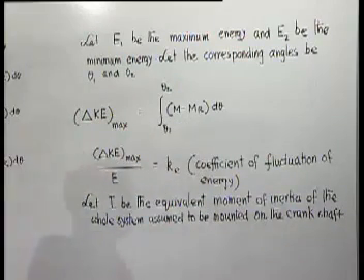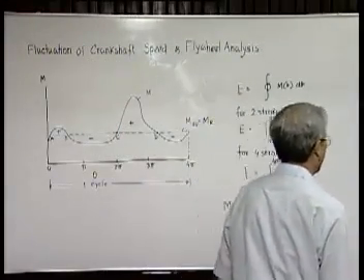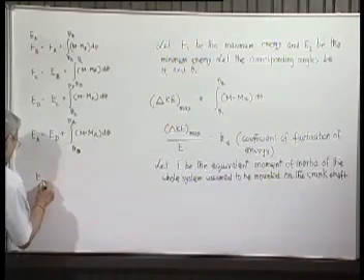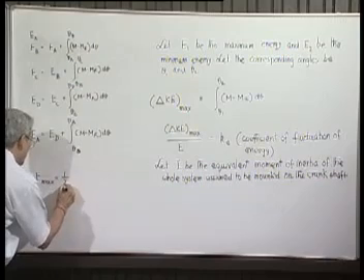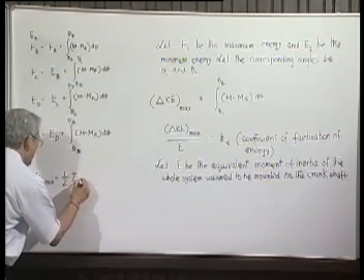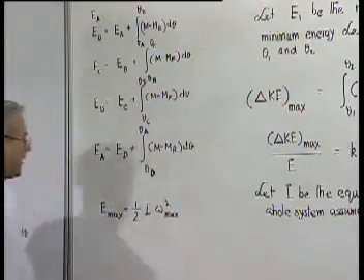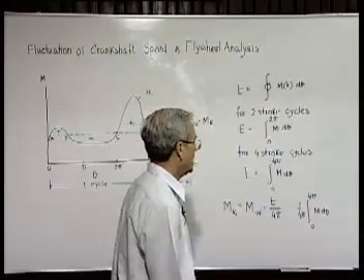So, at any instant, the kinetic energy of the whole system can be represented by this quantity. So, E max is nothing but the maximum kinetic energy of the whole system, that is half I omega max square, where omega max is the maximum speed of the crankshaft.